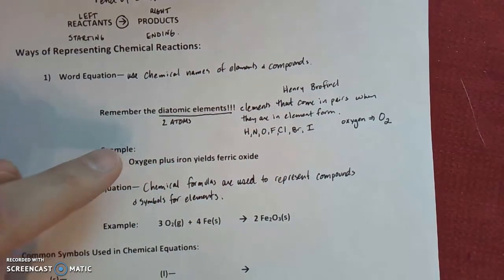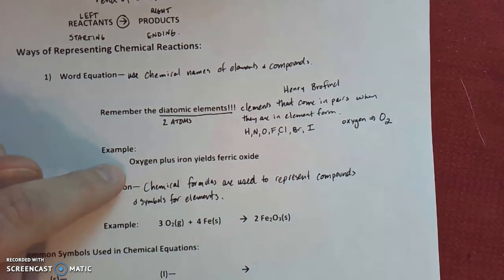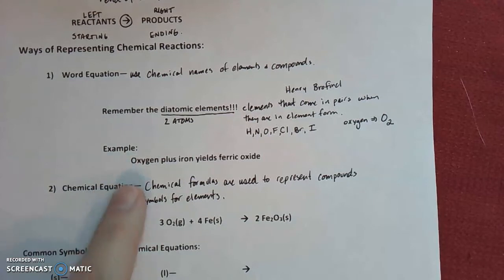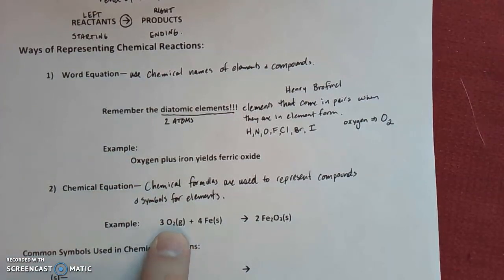So if we take our example up here, oxygen plus iron yields ferric oxide, and we put the symbols for each one: oxygen, O2, plus iron, there's a plus sign, and Fe for iron, yields, we have an arrow, and ferric oxide is Fe2O3. You'll also notice that we have some other things here that we'll explain in subsequent videos.